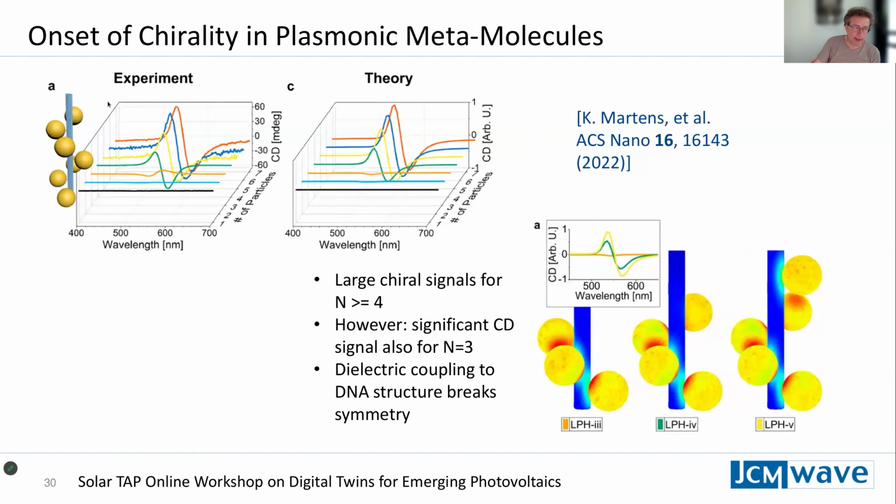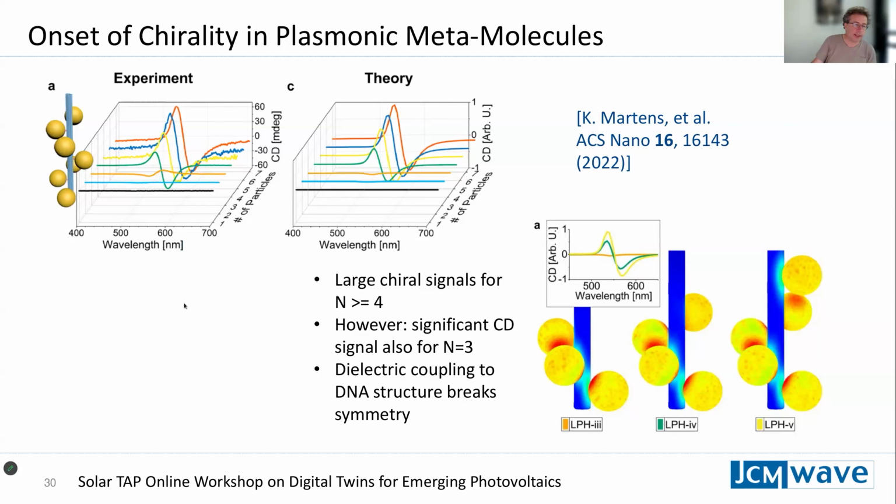Okay, and then you see nicely in experiment and theory that you need at least 4 of these nanoparticles in order to get a decent circular dichroism signal. This means that left-handed and right-handed circular polarization is treated differently by these helices, which have a winding.